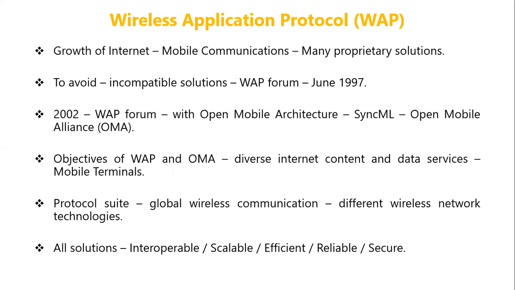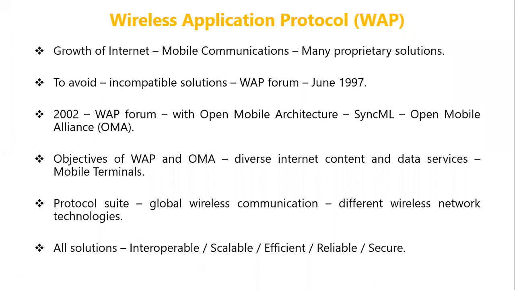The solution should also be efficient, in the sense of providing quality of service suited to the characteristics of wireless and mobile networks. And the solution should be reliable. That is, there should be a provision of a consistent and predictable platform for deploying the services. And also, the WAP forum ensures that the solutions proposed are secure.